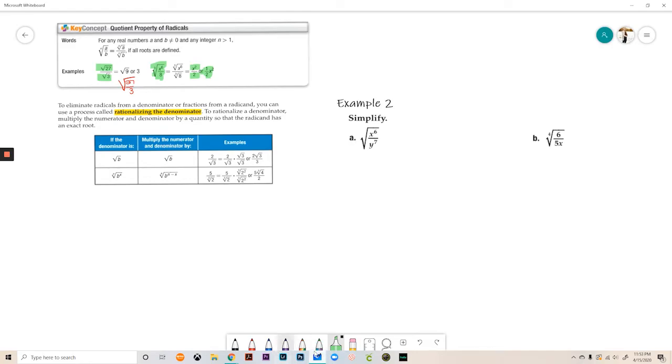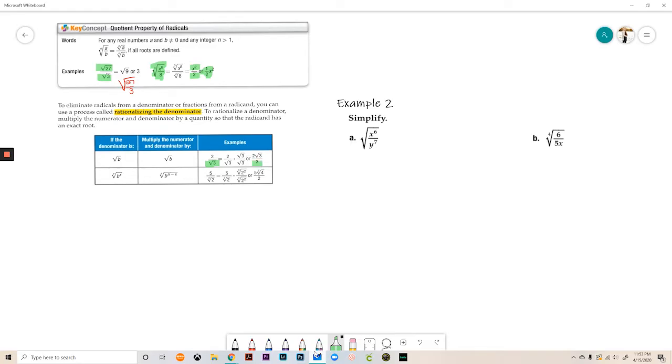So for example, right here, let's say we have a square root 3 in the denominator. So something that gets rid of a square root is if we square that number. So for example, if I were to multiply a square root of 3 by a square root of 3, that would cancel out that square root, leaving me just with 3.